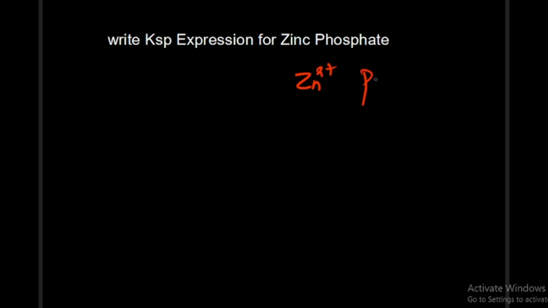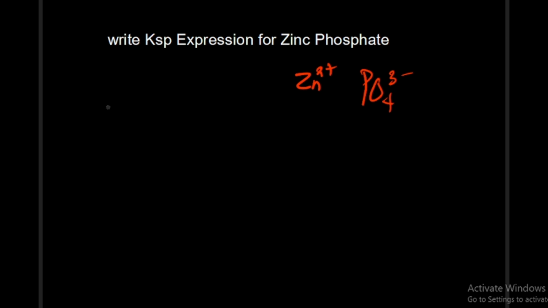Phosphate is PO4 3-. Just that. So now let's write the formula here.